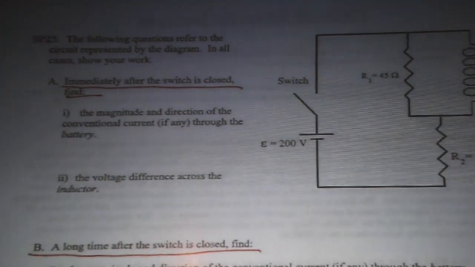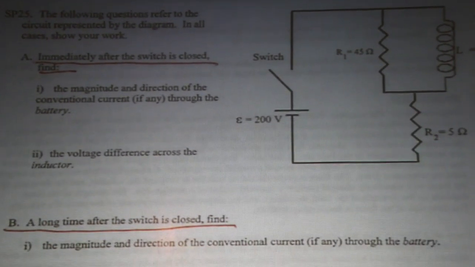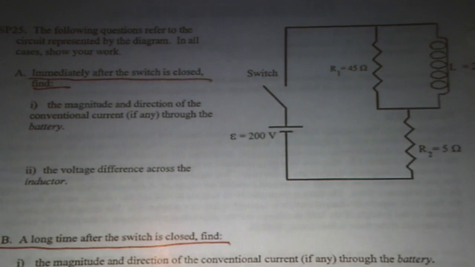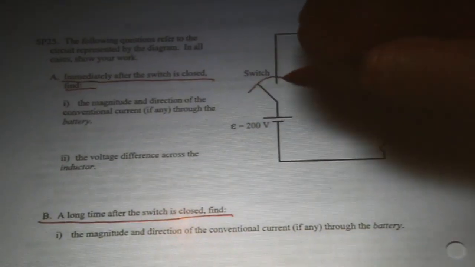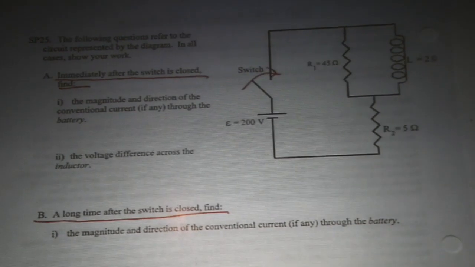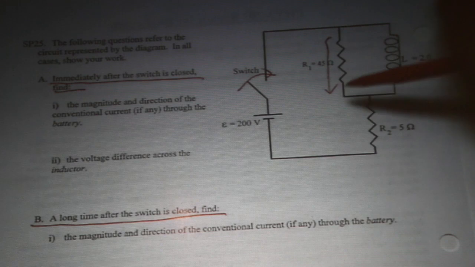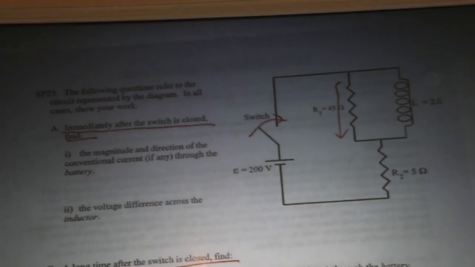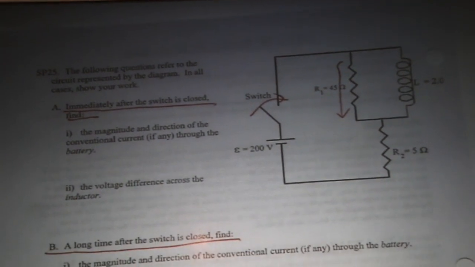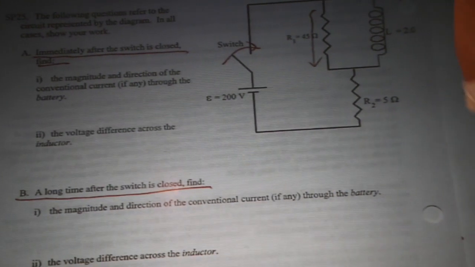Now, with the switch open, there's no current anywhere. Particularly, there's no current through that inductor. If I close that switch, I can change the current through R1 instantly. It goes from 0 up to 4 amps instantly. But I can't change the current through an inductor instantly. It's got to ramp up.